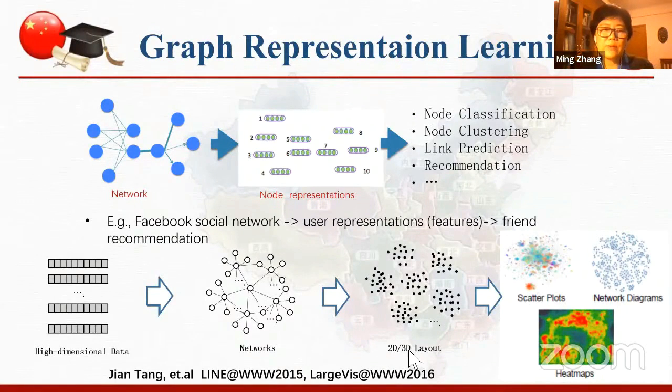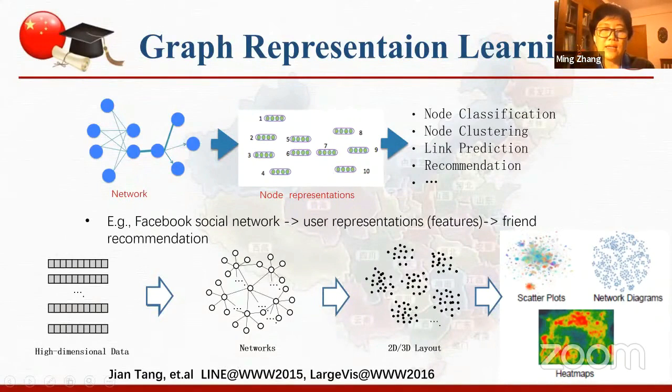In my group, one of my former PhD students, Jian Tang, is now a professor at Mila, Montreal University. He published two papers and proposed two models.